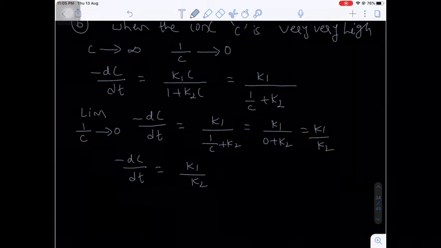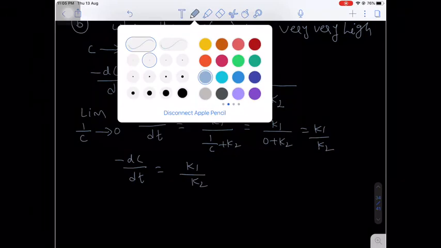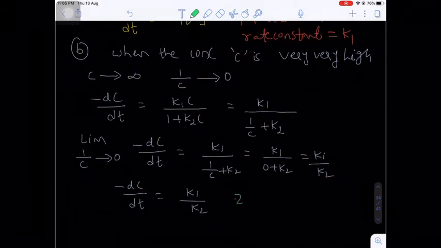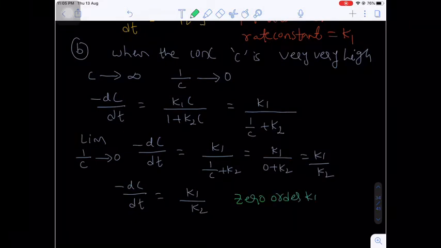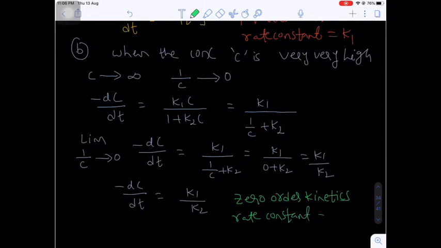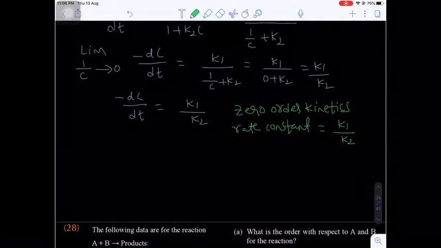K1 and K2 are both constants. There is no concentration term here. Are you getting my point? That means this corresponds to 0 order kinetics, and the rate constant for the 0 order kinetics is equal to K1 upon K2.